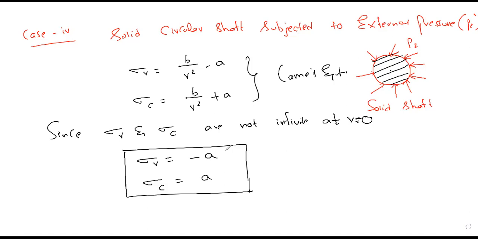In the problem, immediately we have to evaluate what condition they have given: whether a cylinder subjected to both pressures, only internal pressure or only external pressure, or whether it is a shaft or a cylinder. You have to go through all these conditions first, then only you can solve the problems easily. So let us do one problem.